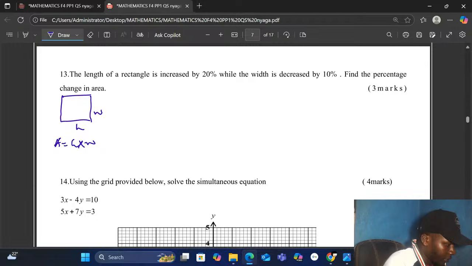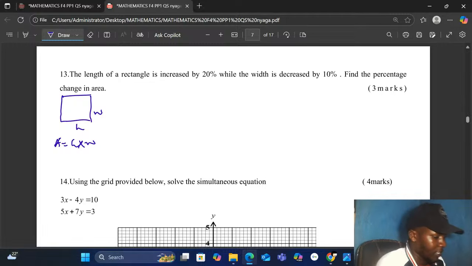Now, we have the length of the rectangle increased by 20%, while the width is reduced by 10%. So that means you can have this. We know that the area is length times width.